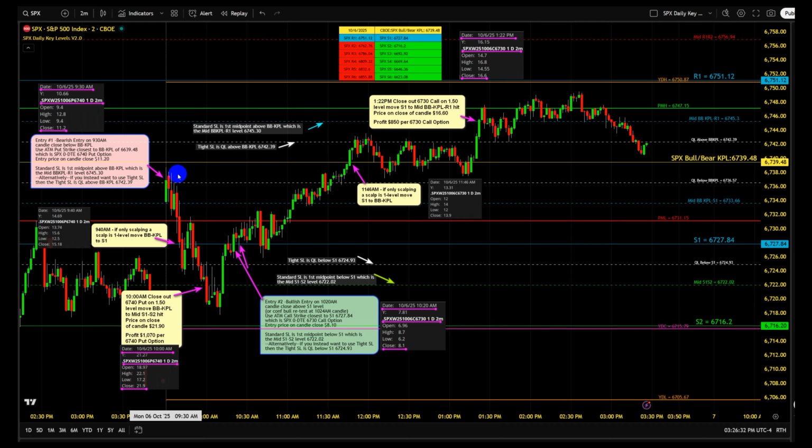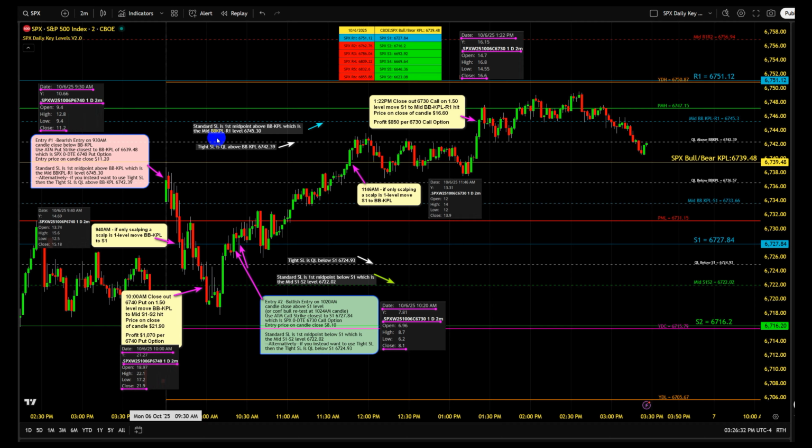As you can see here today, neither one of these came close to being breached on this particular trade. However, I would tell you that if you prefer using the tight stop loss over the standard stop loss, the trade-off with the tight stop loss is that there are going to be times where it is going to get stopped out.